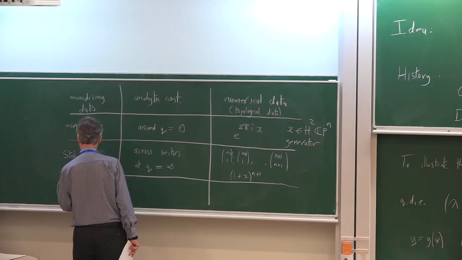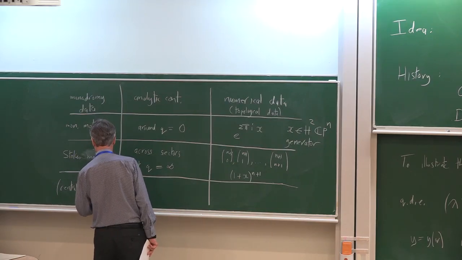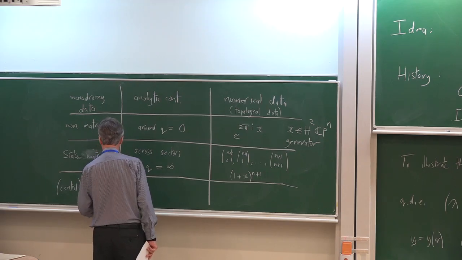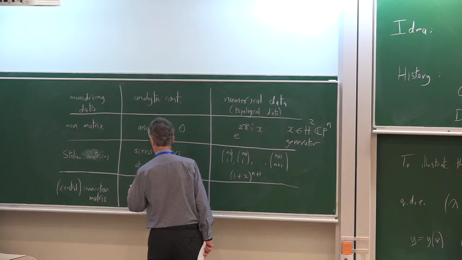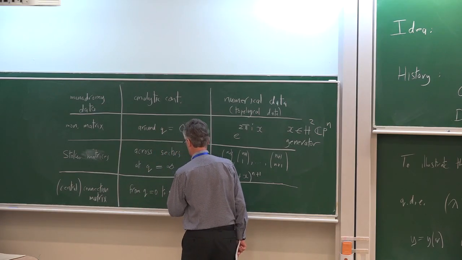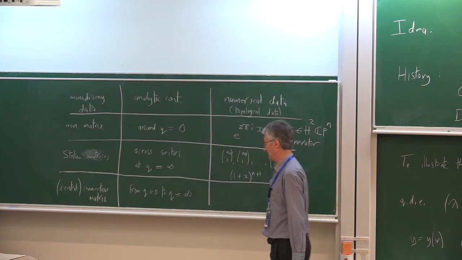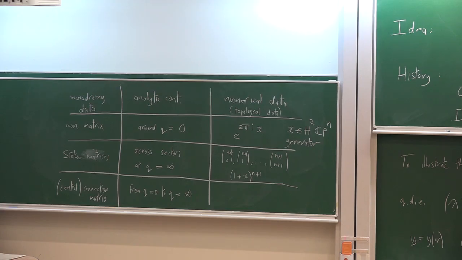And then there's a thing called the connection matrix. So the connection matrix also has to do with analytic continuation, but it's from one singular point to the other singular point, right? So the connection matrix connects solutions near zero with solutions near infinity.